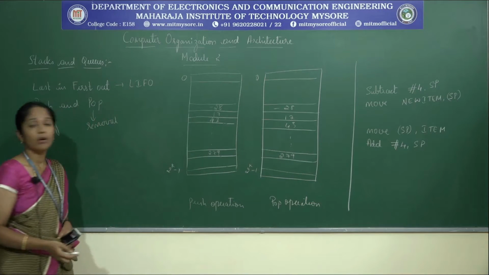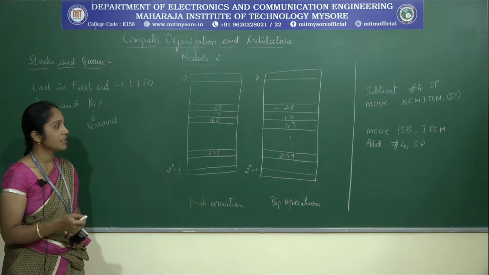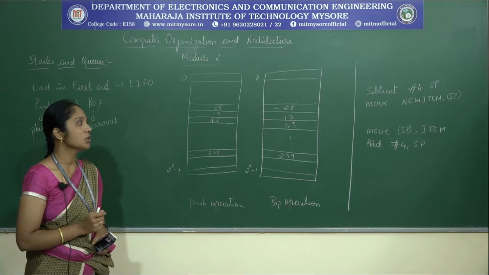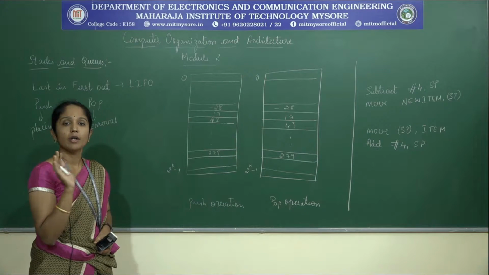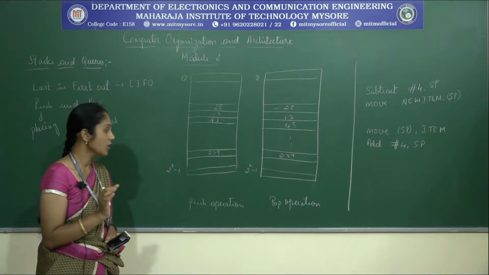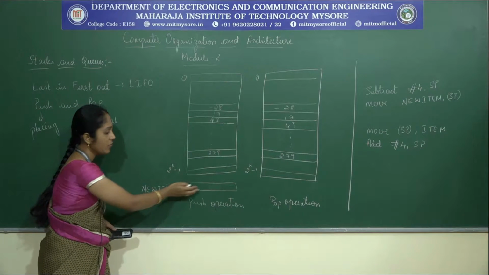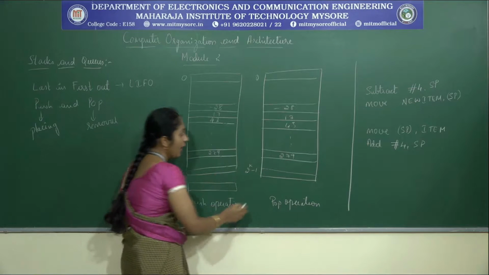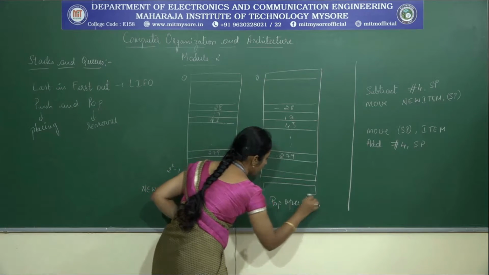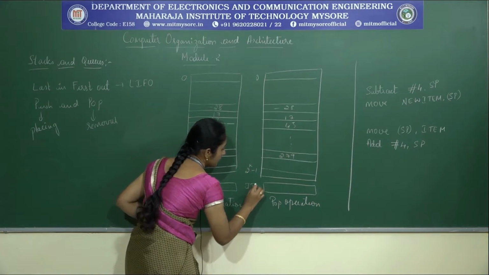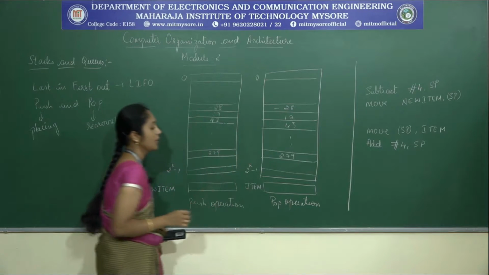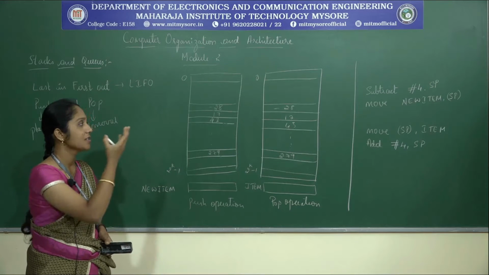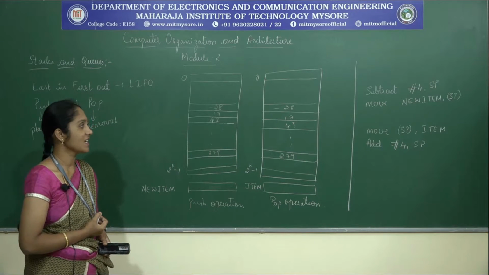Now if you consider the first one, we have used new item, so we have some data in the new item location. Let us consider new item as a register or some memory location, and in this case let us consider item as the memory location. Now let us see what happens in the first case.